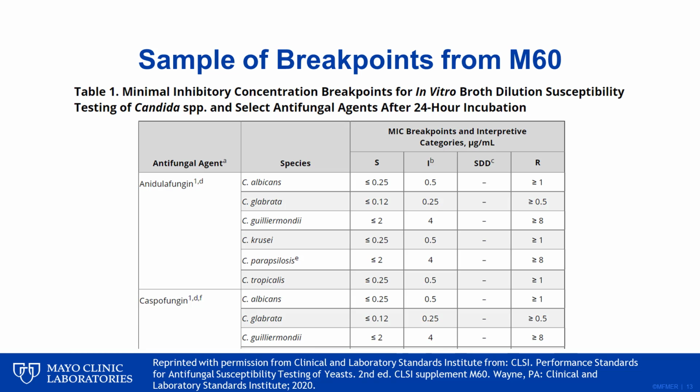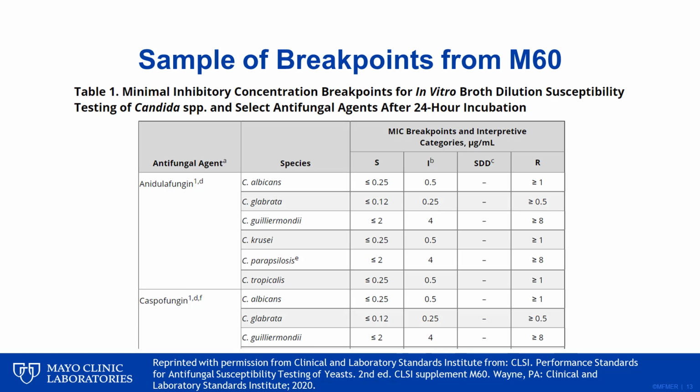This slide presents a portion of the interpretive criteria that are available from the M60 document. In this example, we are looking at the MIC breakpoints and interpretive criteria for the echinocandins anidulafungin and caspofungin. As you can see from this table, the MIC breakpoints differ depending upon which Candida species is tested.